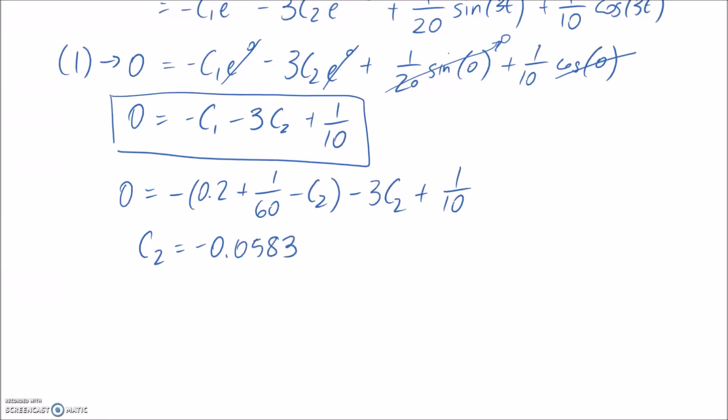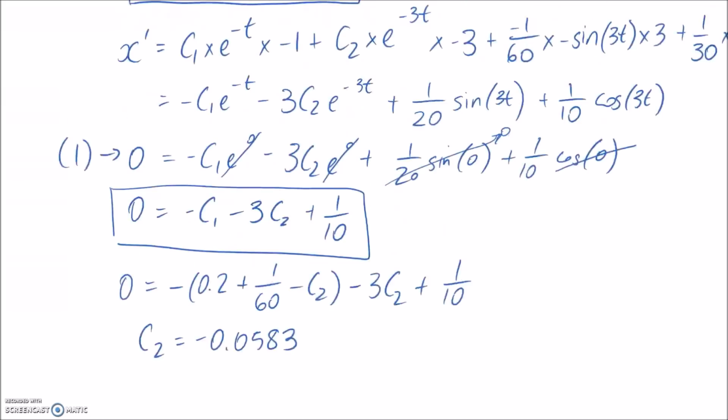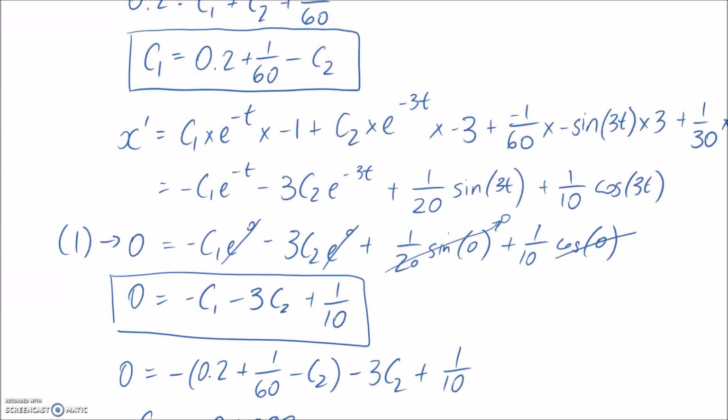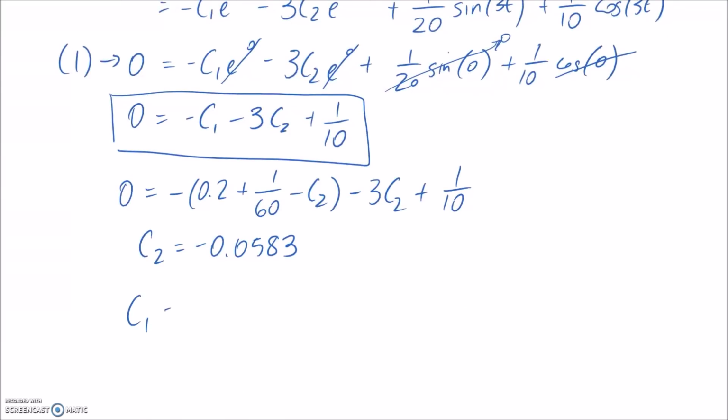Okay, and then once you know C2, you can go back and substitute it into the equation with C1. So 0.2 plus 1 on 60 minus that C2 value that we just found, and C1 comes out to 0.275.